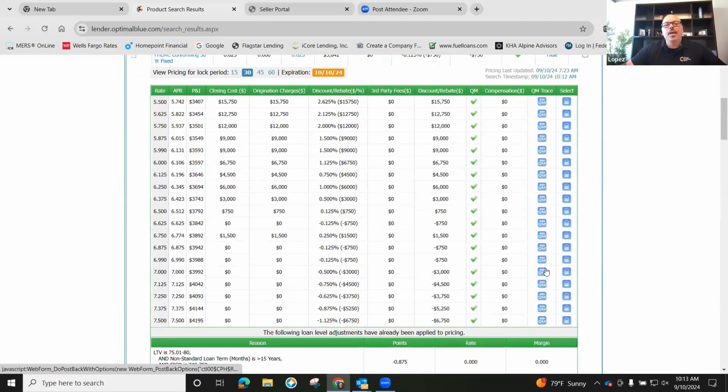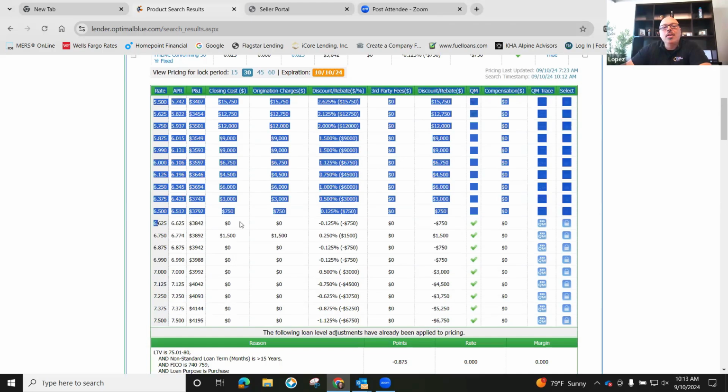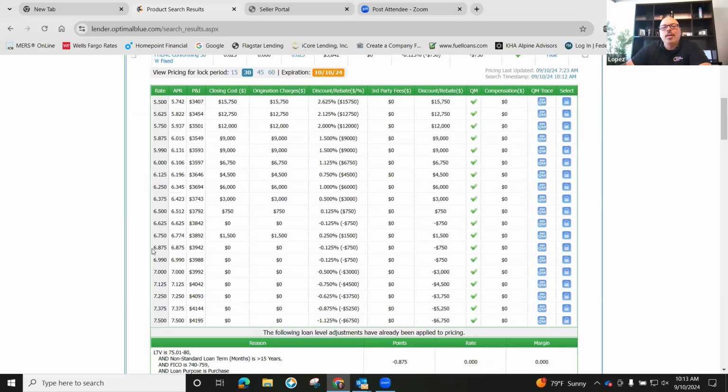So I can see by looking at this, and I'm glad that this came up, that there is a par price at 6.25, and there's another par price at 6.875. So essentially, I can get 6.625 and 6.875 for the same price, and there's a cost at 6.75.